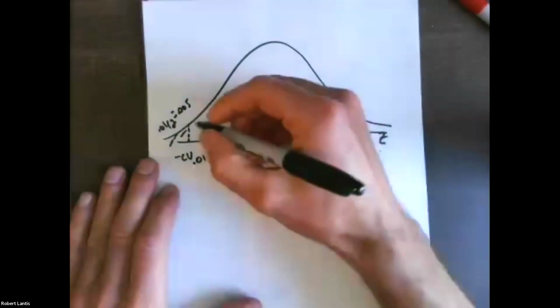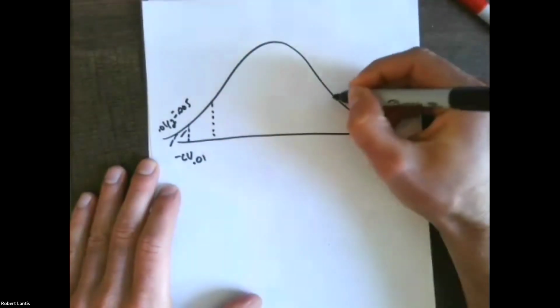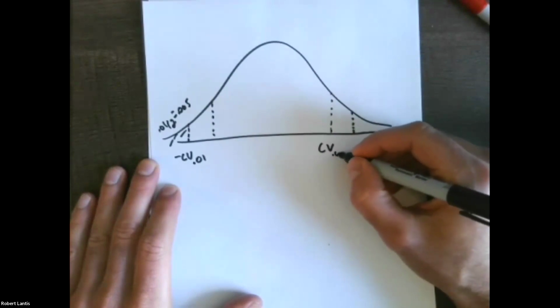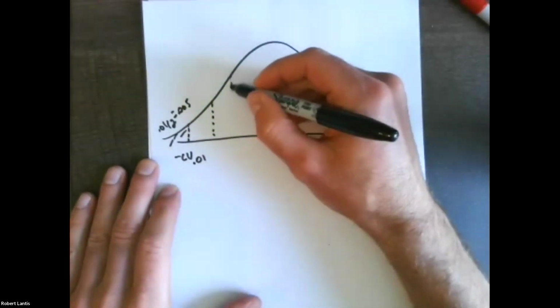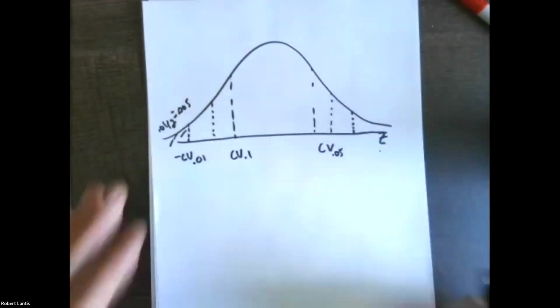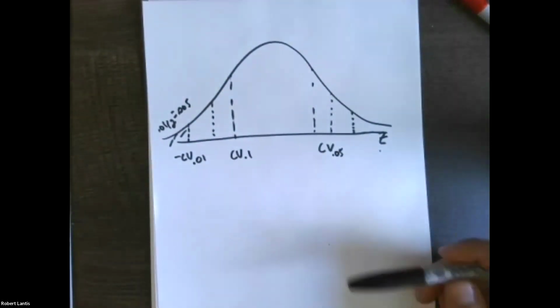I then want a pair of critical values for 0.05. I then want another pair of critical values that give me a total area in the tails of 0.1. So what am I going to do?